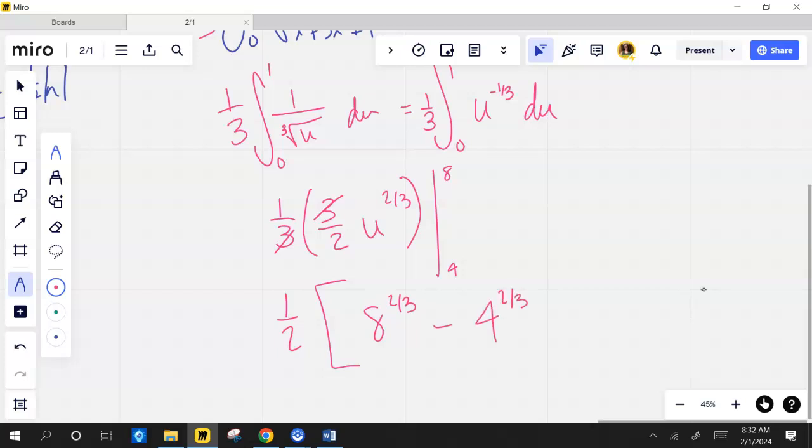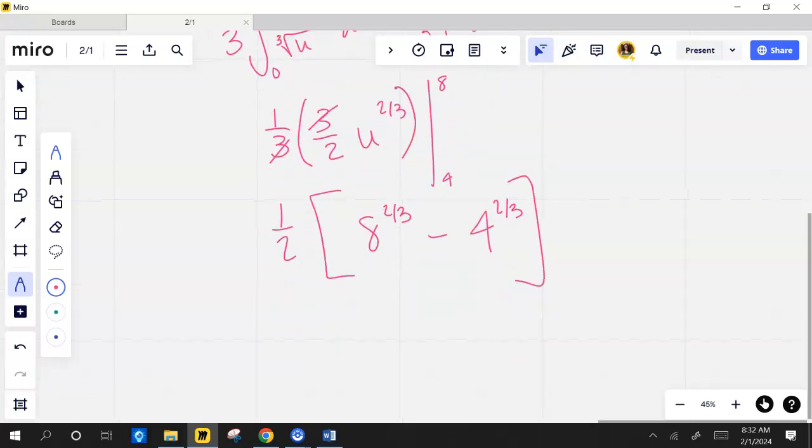Minus 4 to the 2/3. Well, 1/3 times 3/2 would be 3/6, which is 1/2. Just a little shortcut.